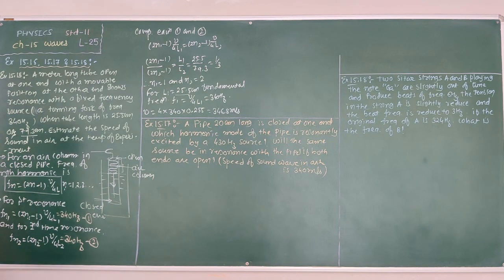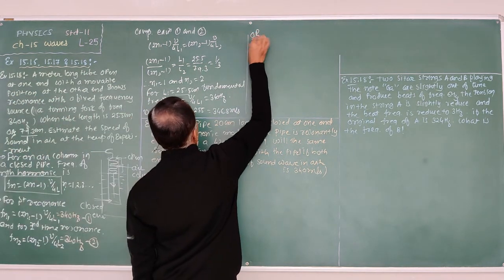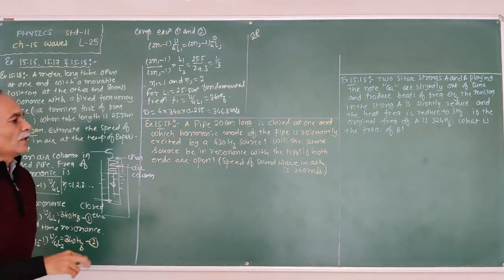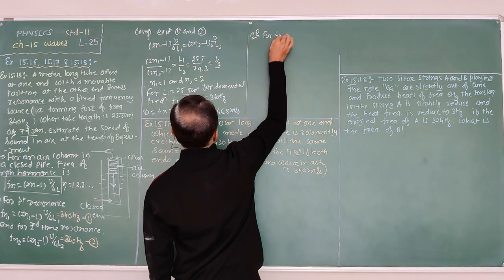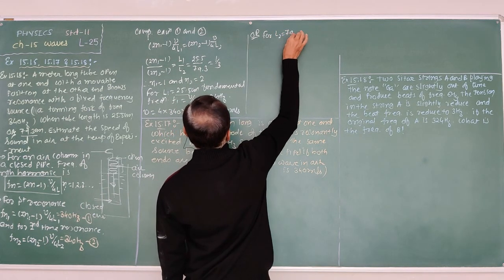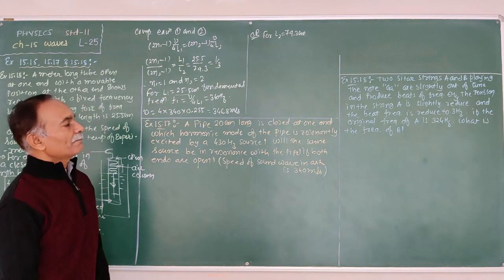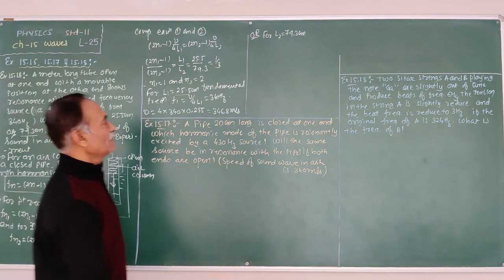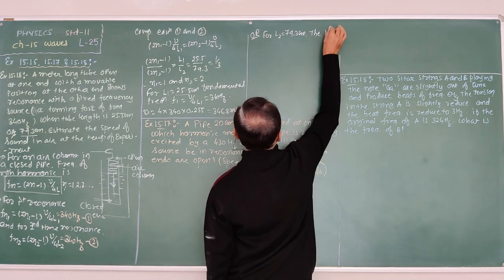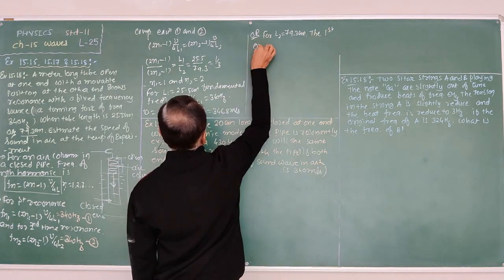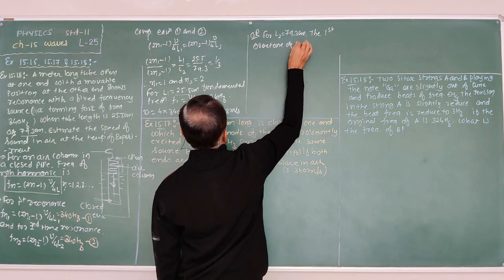We can also find out the speed of the sound wave by another method. For L2 equal to 79.3 centimeter, the first overtone or third harmonic occurs.